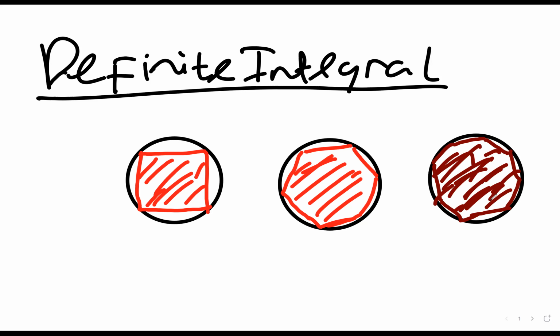So the idea is that if you have a circle and then you have polygons, then if you increase the number n, the area of the polygon will approximate the area of the circle. That's the intuitive idea.